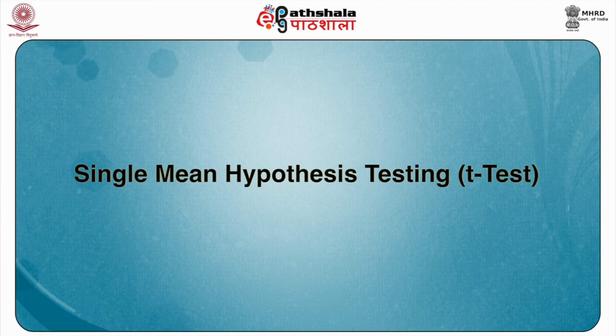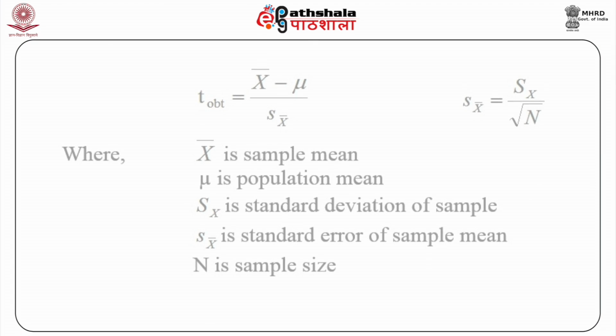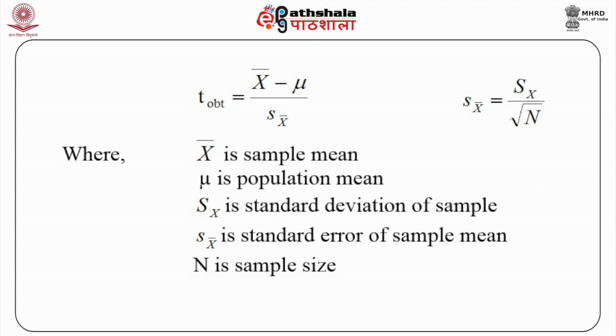The single mean hypothesis testing for t-test. For computation of z-test, the mean and the standard deviation of the population must be known so that the standard error of mean can be computed. However, in many cases, the standard deviation of the hypothesized or comparison population is not known.